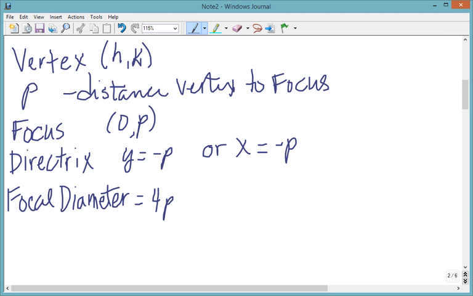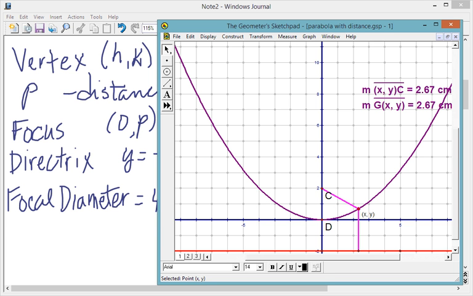Okay, and the other thing is the focal diameter, and what this does for us is it allows us to see how wide it is when we're graphing it. So let me just show you what I mean by focal diameter. If I make this go straight across, so that it's parallel to the directrix, and it goes through the focus, look what this is.